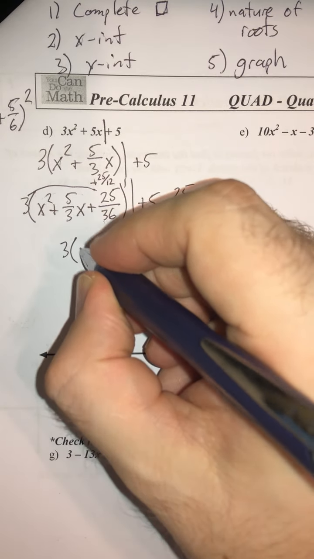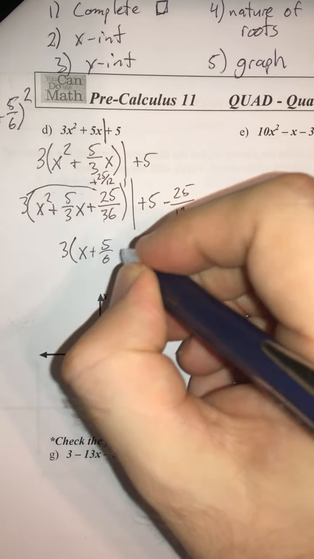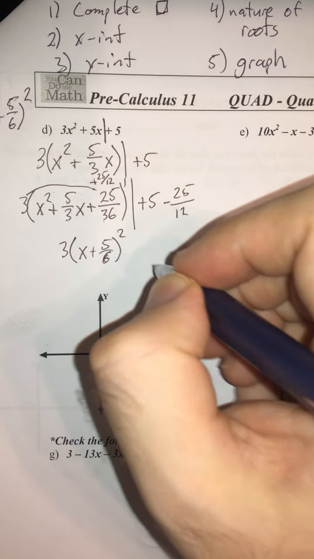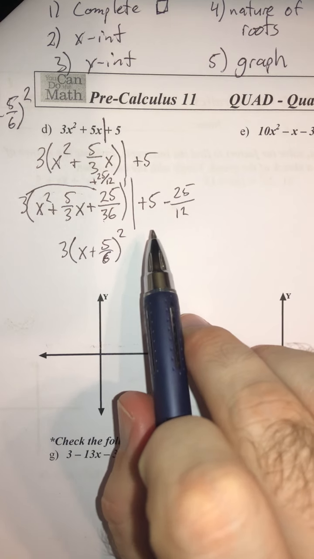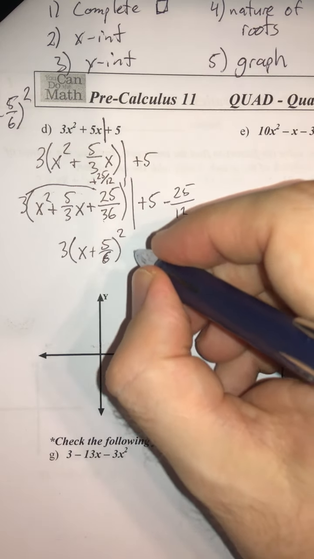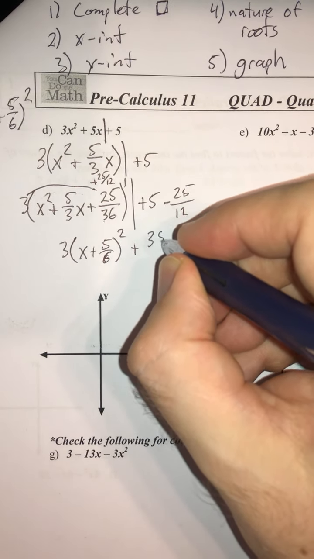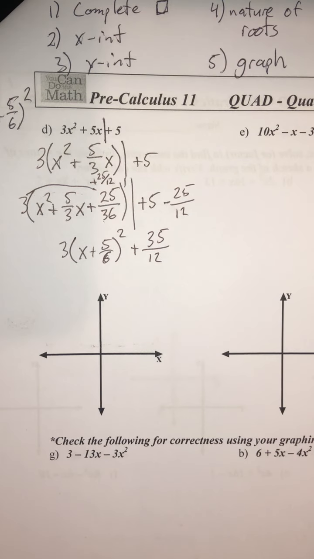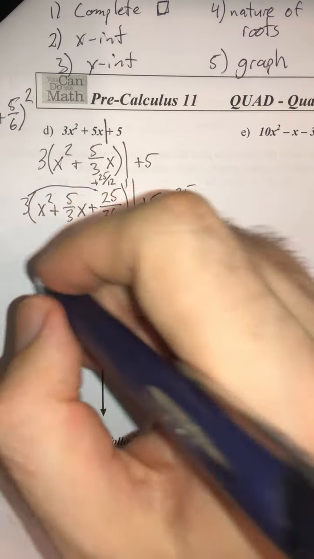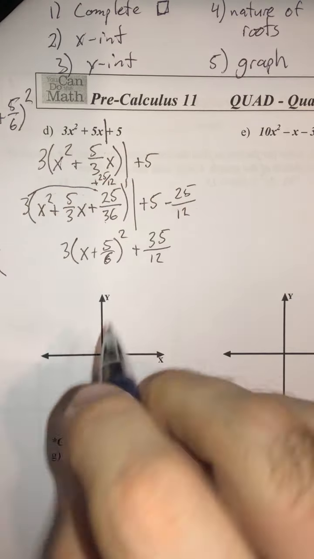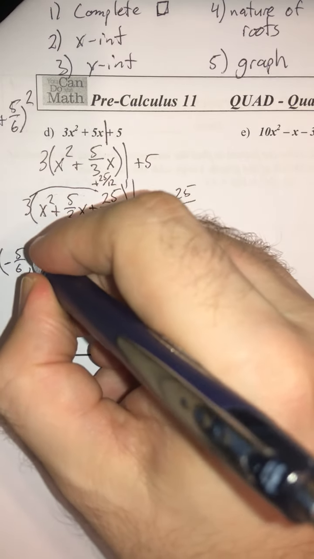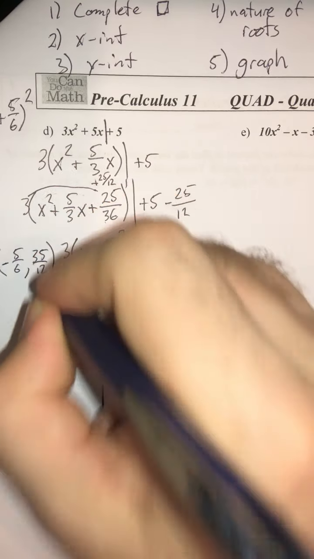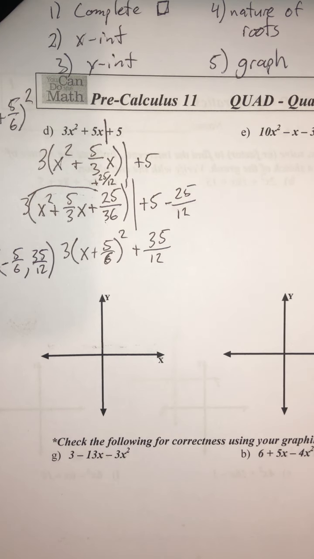We get 3 times x plus 5/6 squared, and then 5 minus 25/12. Again, you can do this in your calculator. You don't need to show me the steps for this. But this gives me 35/12. So here is my equation. From this, we get our vertex. The vertex here is minus 5/6 and 35/12. So there we go, we've got our vertex.